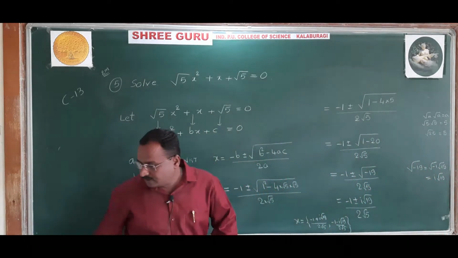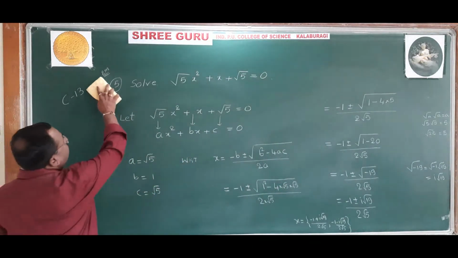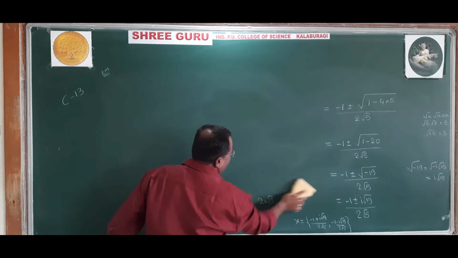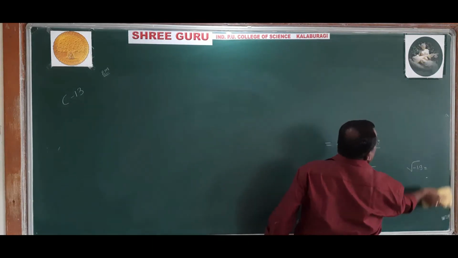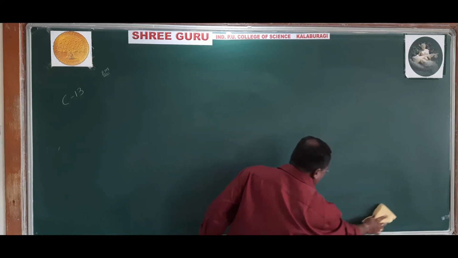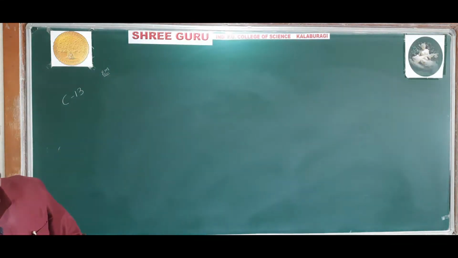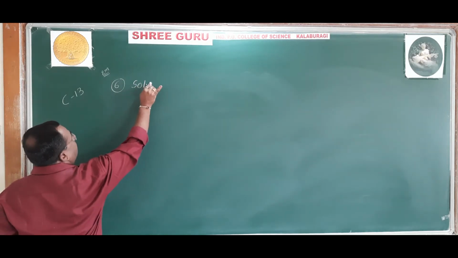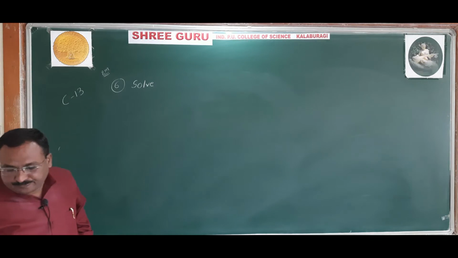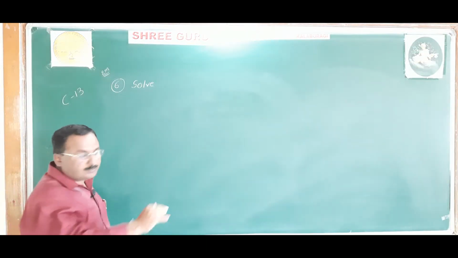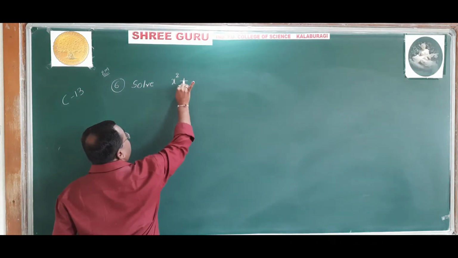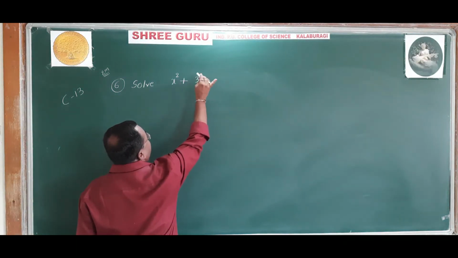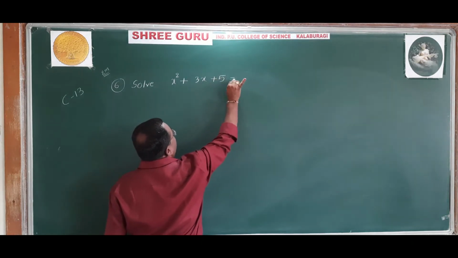Next, example number 6. Solve x square plus 3x plus 5 is equal to 0.